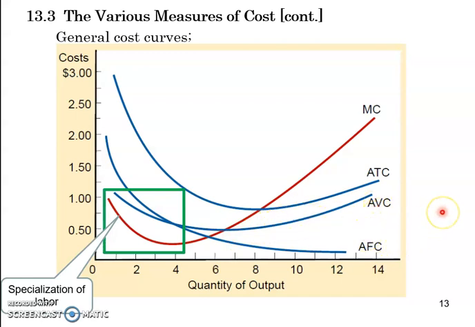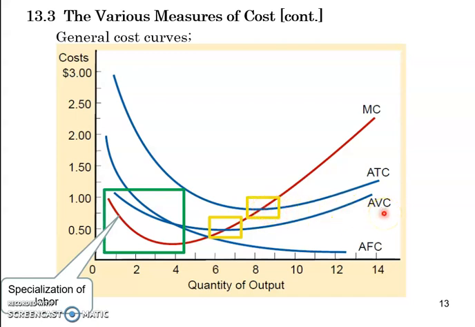Okay, all right. And another thing we would like to point out is you would find that MC crosses the bottom of AVC and ATC. How so? How could we be sure that the MC crosses the bottom?